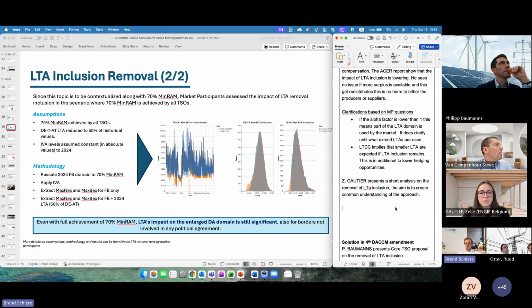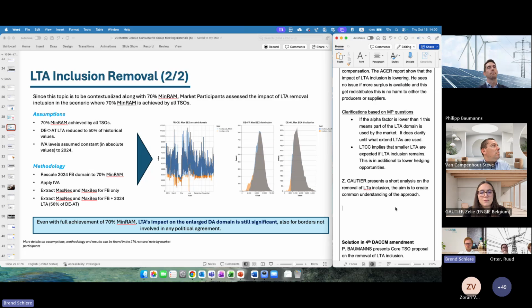extreme positions, both for the net position and the bilateral exchanges. For the 70% domain only, and the 70% domain rescaled with the LTA, considering 50% of the values in Germany, Austria. And what we see again is that there is an impact even when the domain is rescaled to 70%.